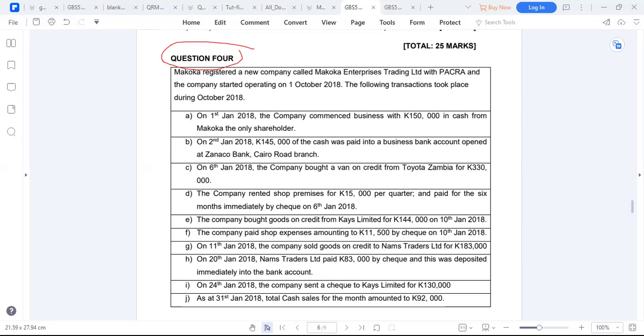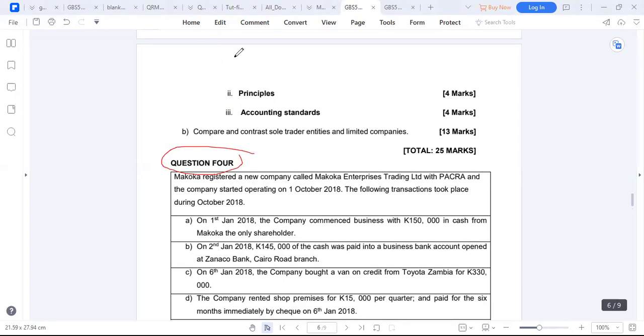I'm going to use PEARLS as I do the T account. We said PEARLS, debit and credit. P-E-A-R-L-S, the word PEARLS.